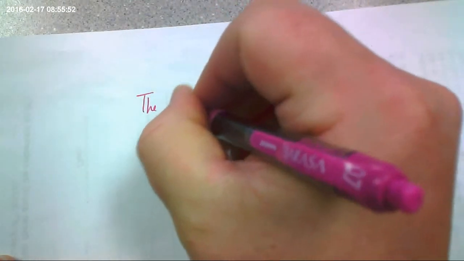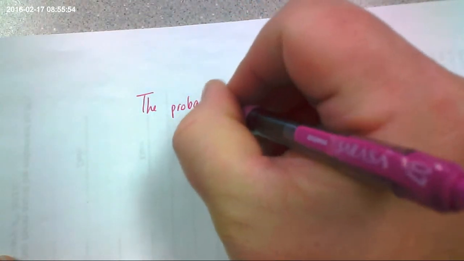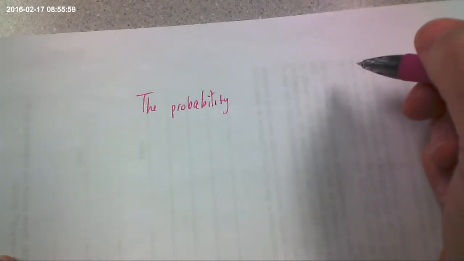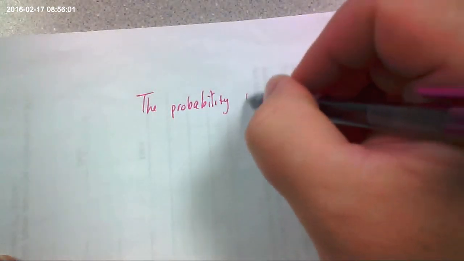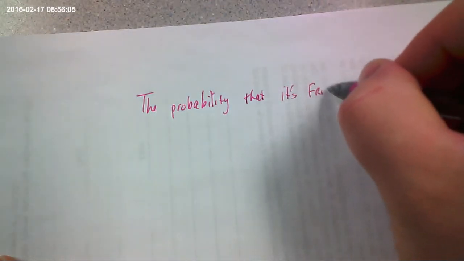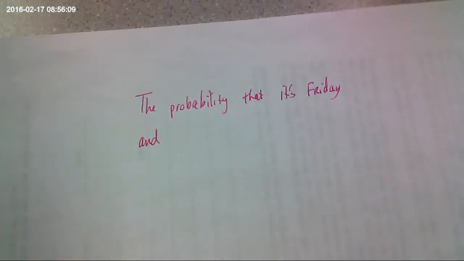Okay, another example. You guys are going to do this one all by your lonesome this time. Let's see here. The probability that it's Friday and who's absent on Fridays a lot?